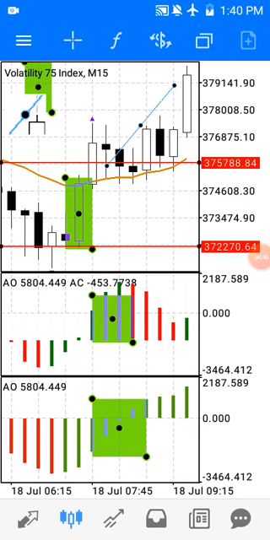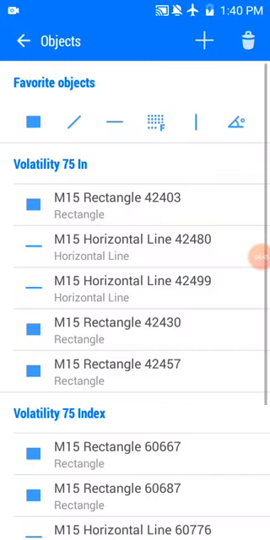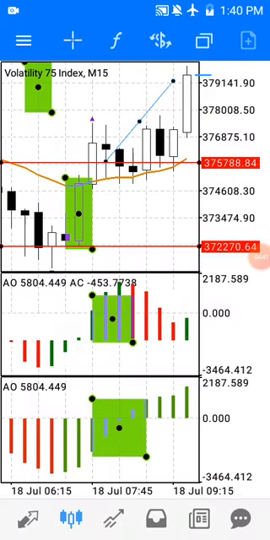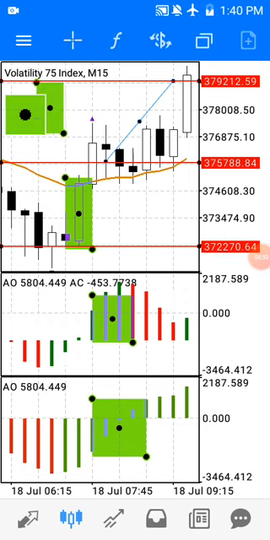So you measure the same height to the upside, and then you mark your take profit point with horizontal line around this region. So if you enter your buy trade around here, your take profit will be the same height from the stop loss area to the trade entry area.